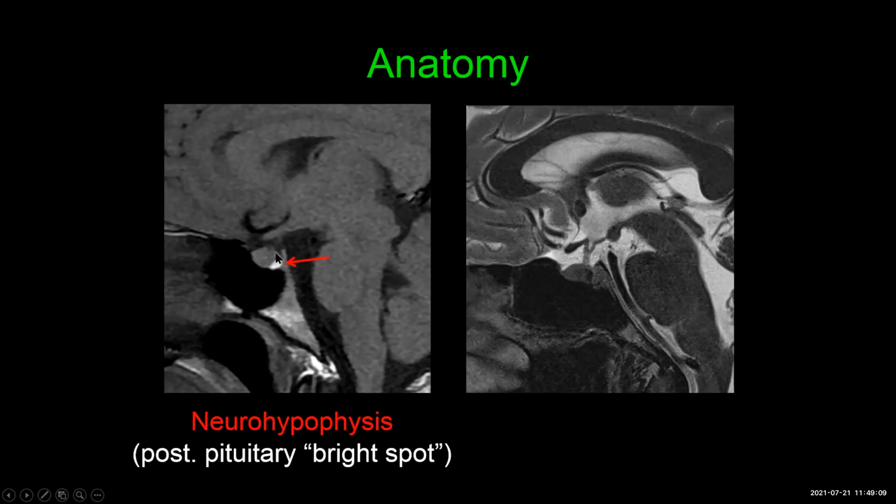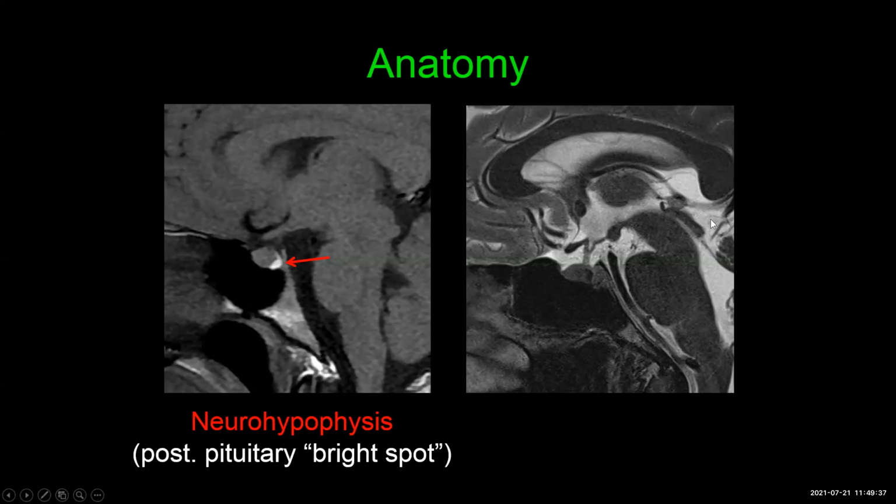We look for a normal pituitary bright spot whenever we look at these imaging studies to make sure that the posterior pituitary gland, or the neurohypophysis, is still there and functioning normally. Now, this image here is another sagittal image, this one with T2 weighting, and T2 weighting gives the CSF, all the water surrounding the brain structures, a very white appearance.